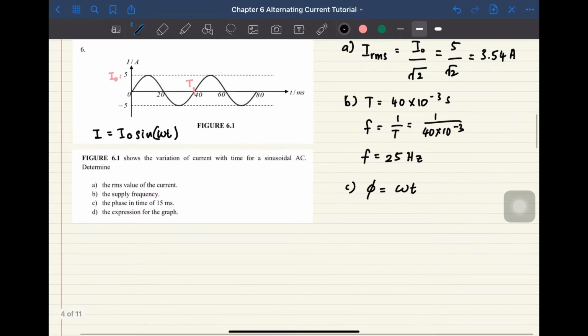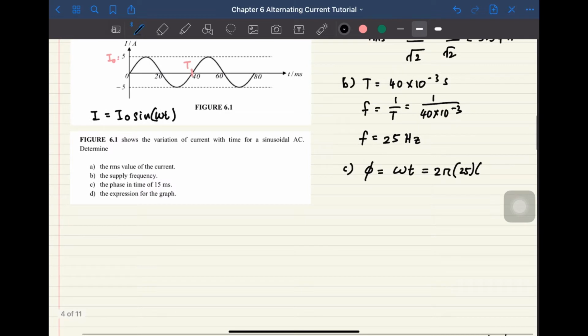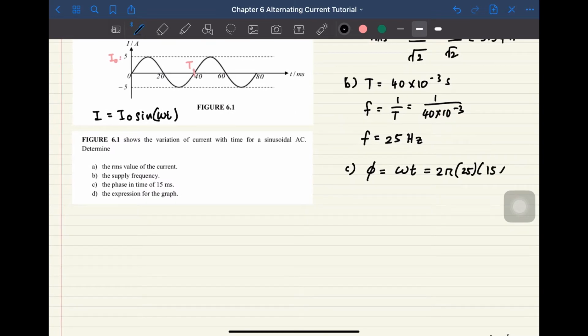So if I substitute the values, it will be 2 pi f multiplied with the time here, which is 15 milli. So here I got 2.36 radian. So be careful with the unit. This one is radian.